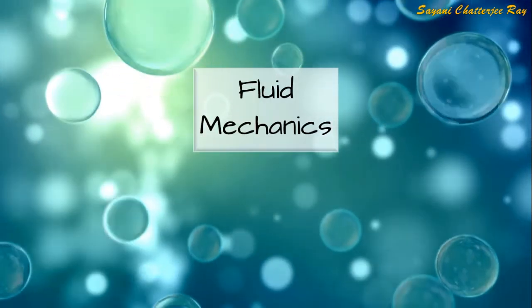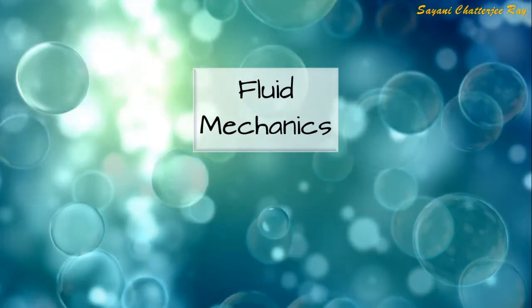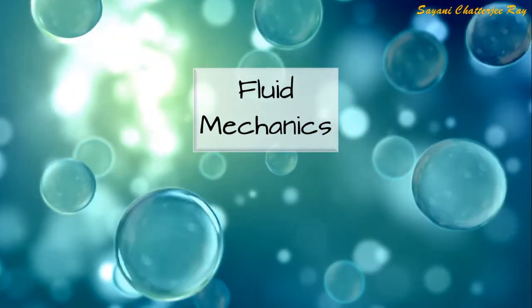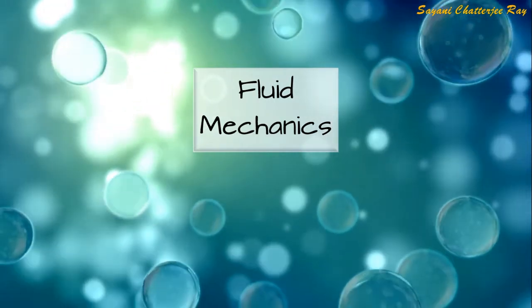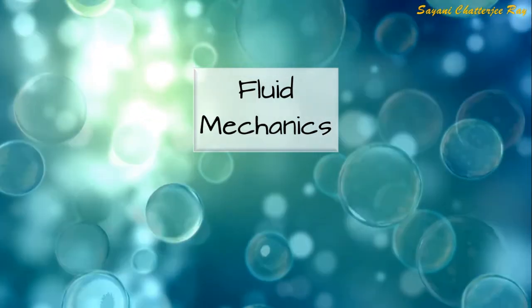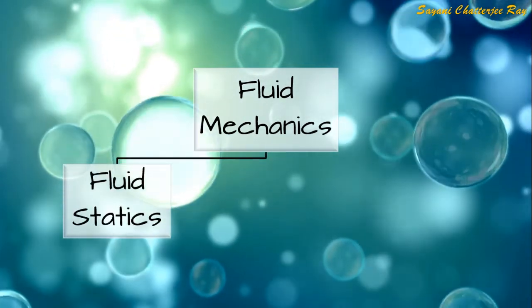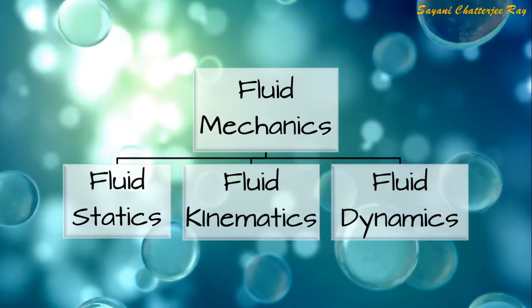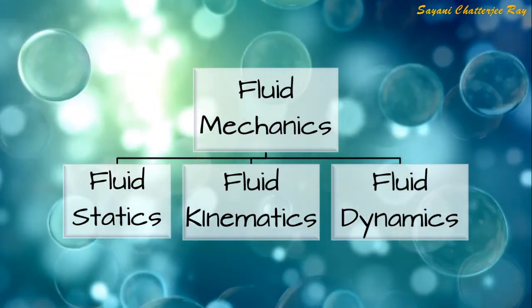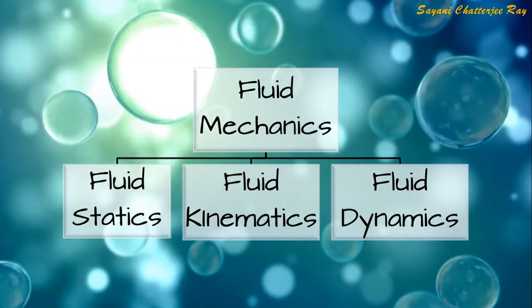Now let's understand what is fluid mechanics. Fluid mechanics is that branch of science which deals with the behavior of fluids, that is either liquids or gases, at rest as well as in motion. Fluid mechanics is classified into fluid statics, fluid kinematics, and fluid dynamics. What is fluid statics? The study of fluids at rest is known as fluid statics.